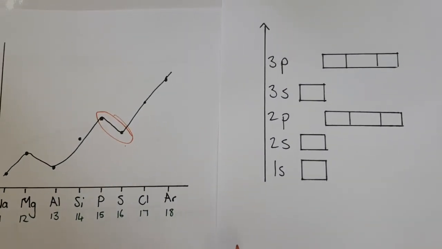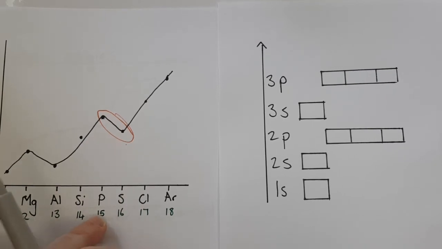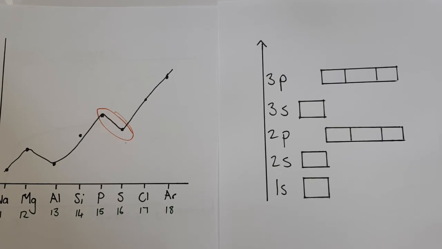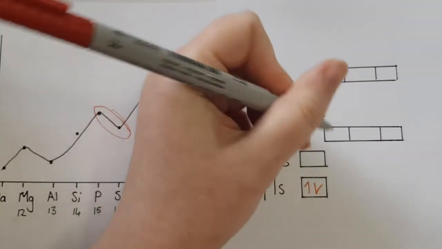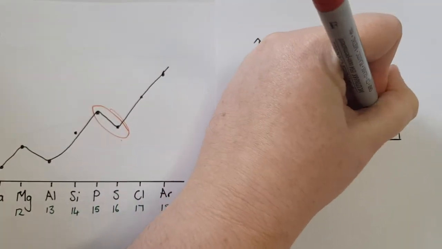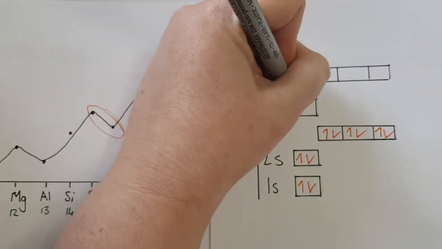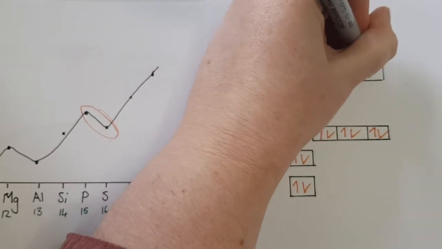And we can explain that by looking at the box diagram. If you look at the box diagram for phosphorus having 15 electrons, and we fill them in, we go 1, 2, 3, 4, 5, 6, 7, 8, 9, 10, 11, 12, 13, 14, 15.